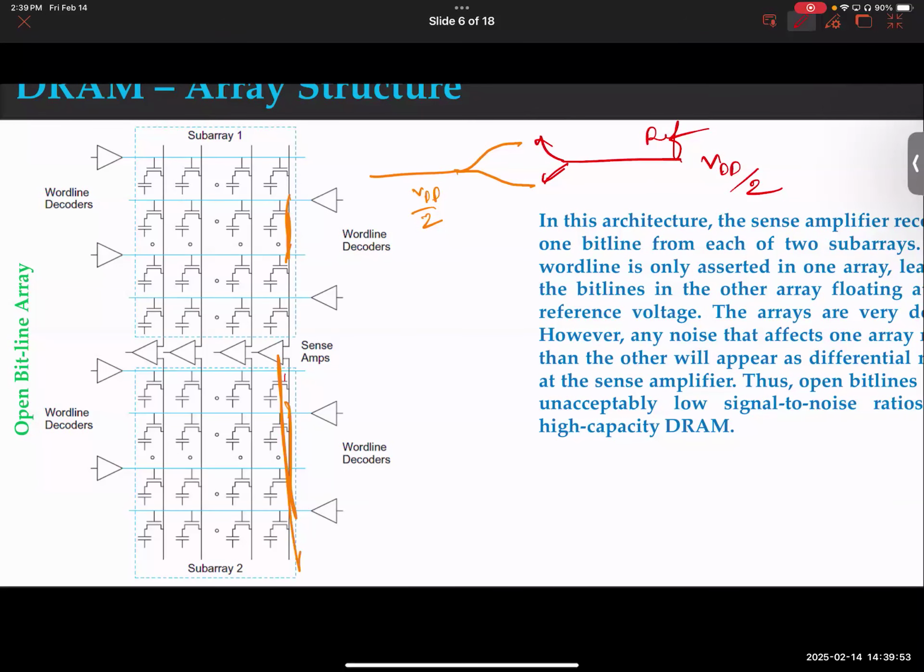Problem is, nothing is ideal in the world. So this bit line voltage can still change despite not having any discharge or charging path. There can be noise, thermal noise, or other aberration coming from interference because of circuit activities.